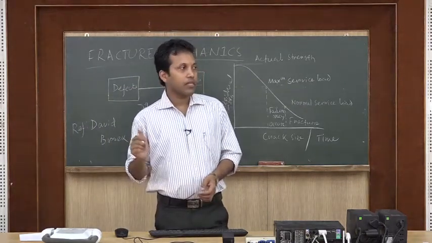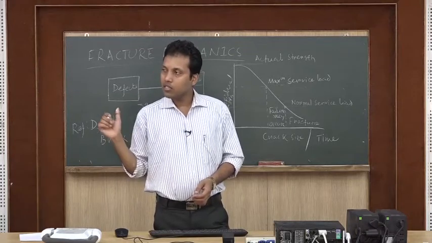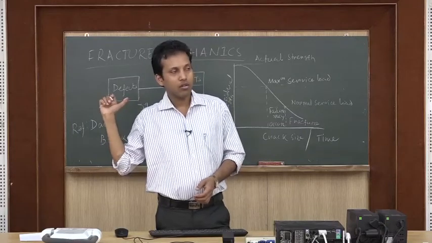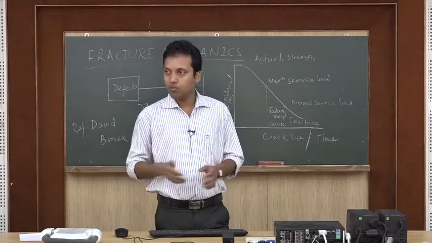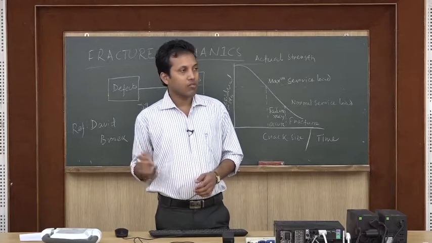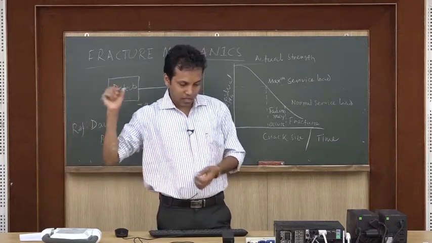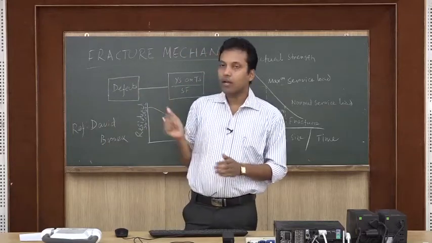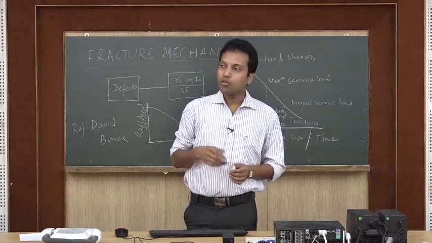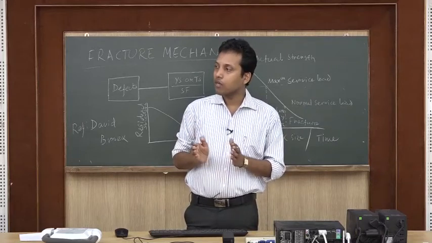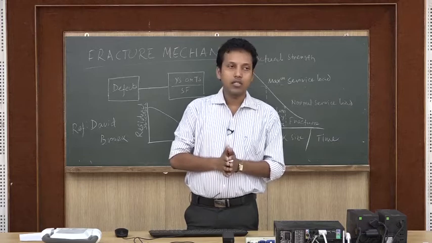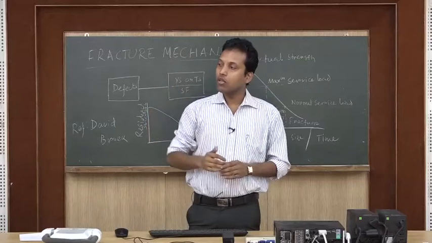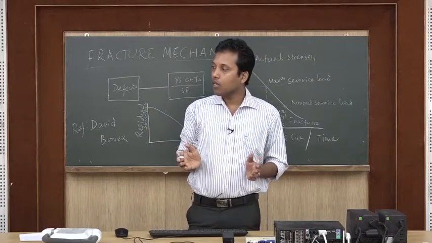For the fracture mechanics chapter, you can read Dutta or Hertzberg, but this book will give you much more input regarding the fracture mechanics I will be teaching in the class. Many things I will take from this book. Okay. So what we will find from here is in which cases the crack size is very detrimental, in which cases the crack size is such that due to accidental service load the failure of a structure may occur.